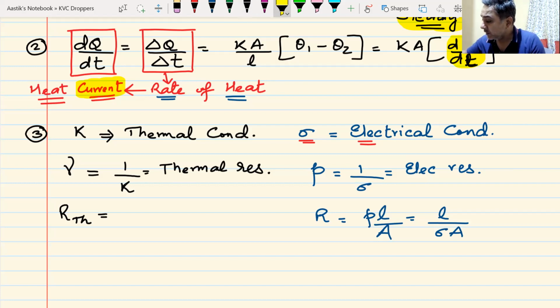If you remember, here L was the length of the resistor or length of the conductor, and A was the area of cross section. I'll give you a minute to think about it and tell me the formula. It is not such a tough question that you can't give me the answer. What will be the formula for thermal resistance?